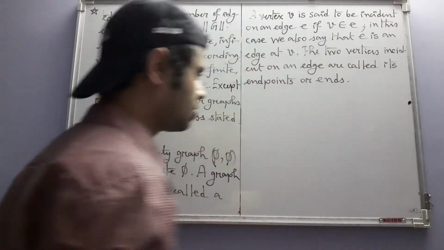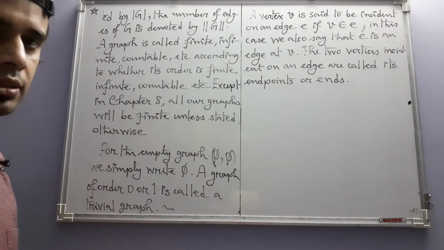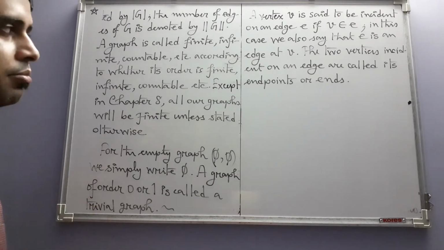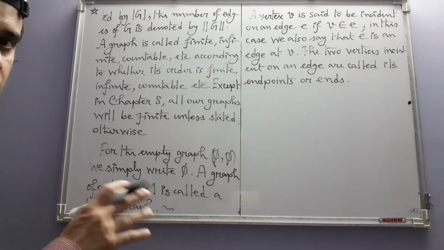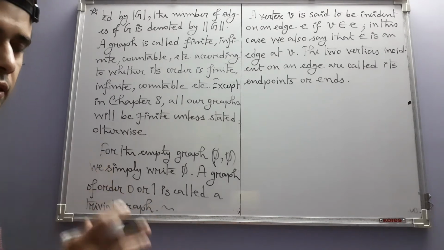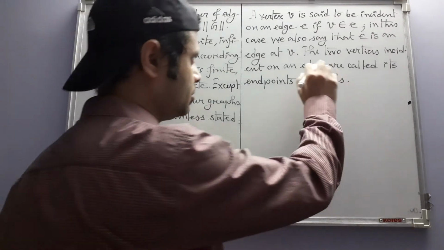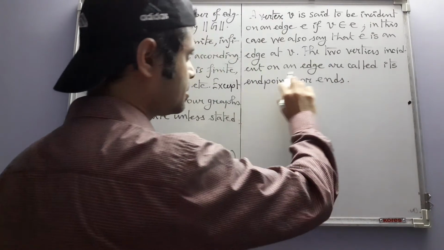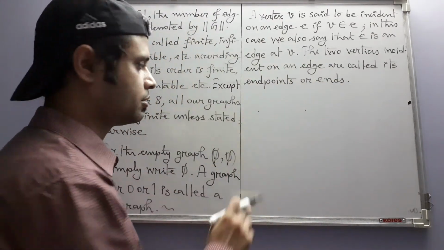The bad thing about graph theory is that in the very beginning itself there are many definitions, but the good thing at the same time is that the terms that come up in these definitions are so natural that they are very easy to remember. You can see that two vertices incident on an edge are called its endpoints, which is very natural.